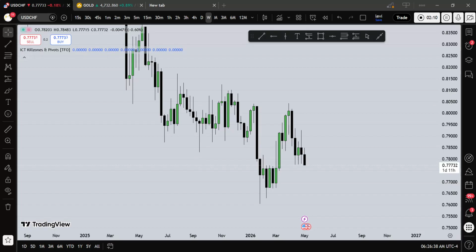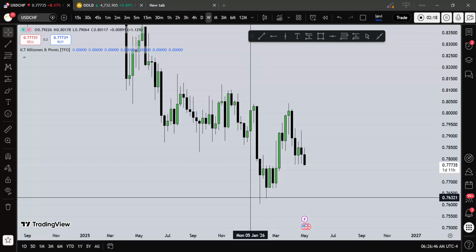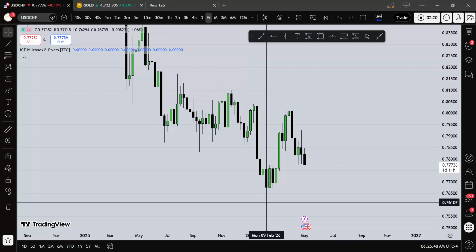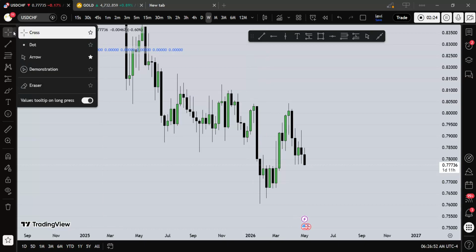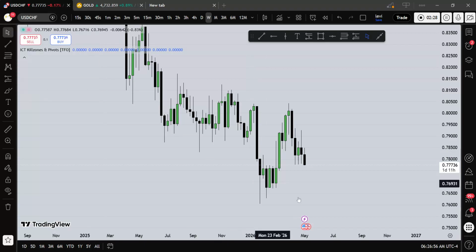So we can see this rundown here, forming a swing low, another swing low here, another swing low here. I like to use the crosshair. Let me change it to cursor so that you'll be able to follow my navigation. So there, you can see there's a swing low here, stabbing through all of this liquidity.